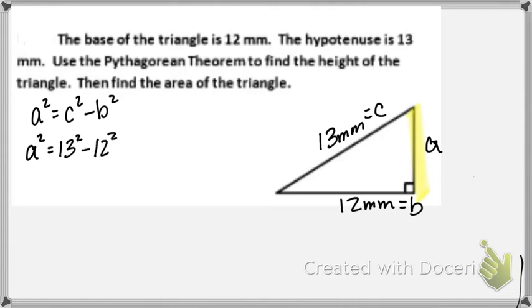Okay, I'm going to get my calculator. And then I'm going to put 13 squared. That is 169. And then minus 12 squared. That's 144.